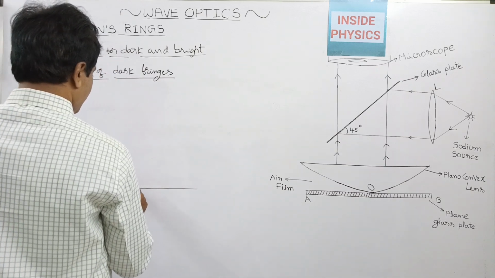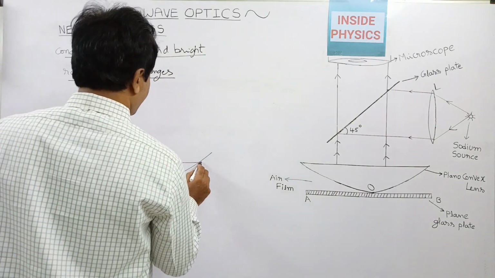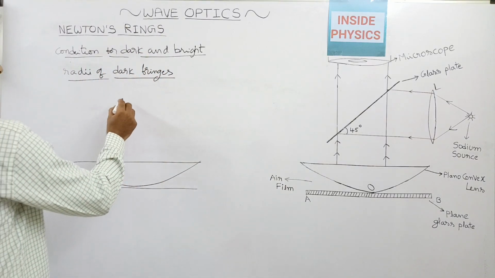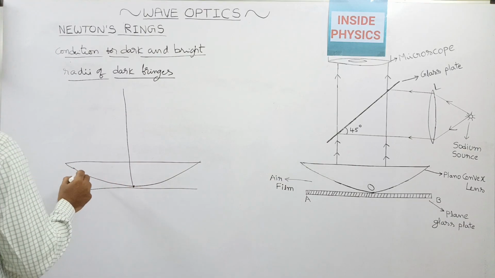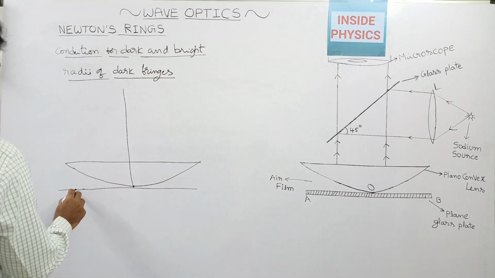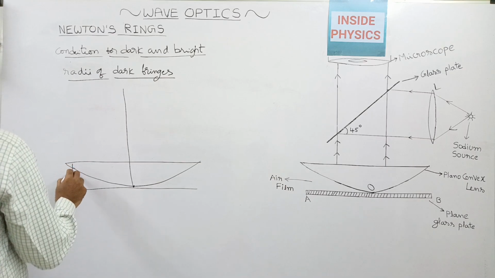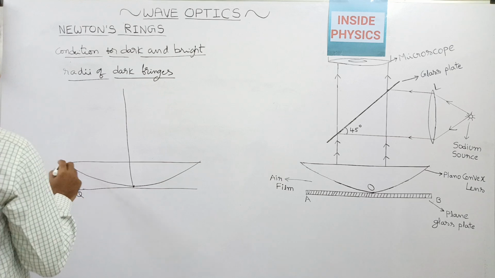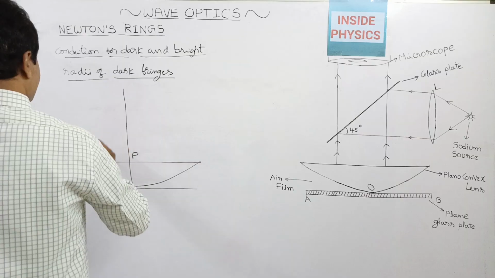I will briefly introduce in a geometrical way, in which we can calculate the radii with some triangular properties. Suppose at a point Q a dark fringe is formed like this, and here I will take this point as P.